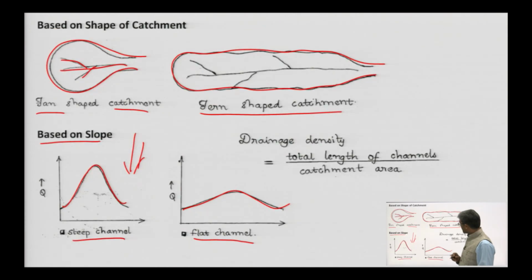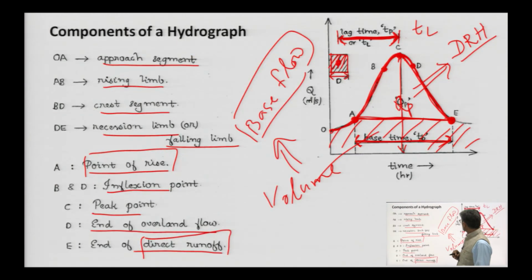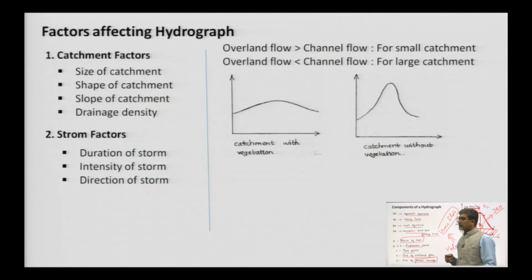One thing remaining with the hydrograph is the capital D, the duration of the storm, which is much more important. D hour means the hour of precipitation for which the hydrograph has been plotted, because the hydrograph is the response of a catchment.